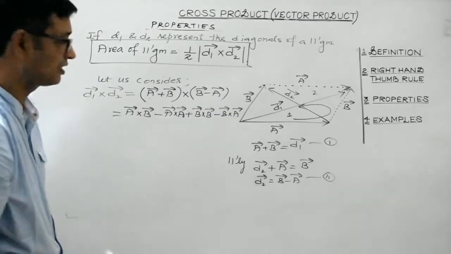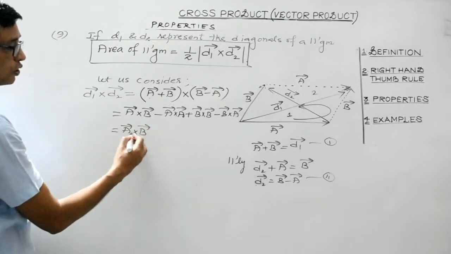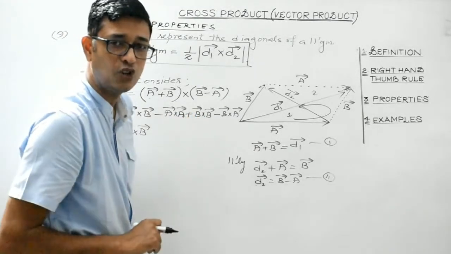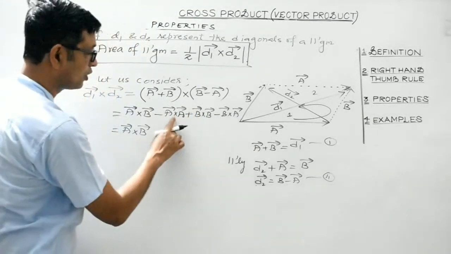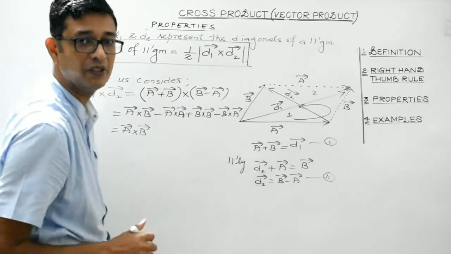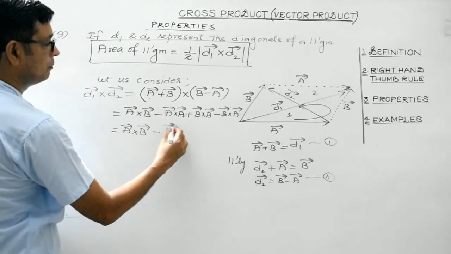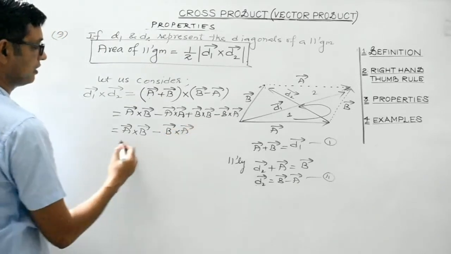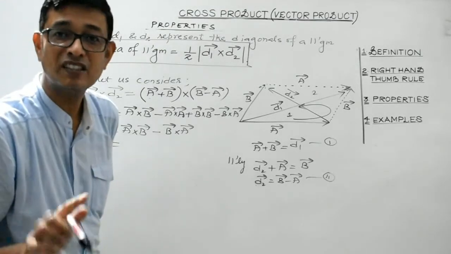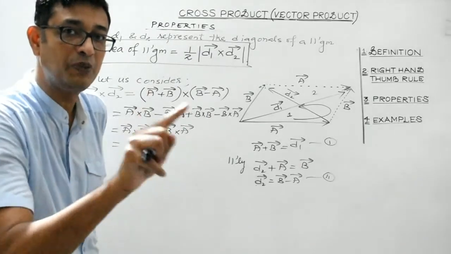Am I clear, students? So it is a cross b, this is cross product, a cross a, b cross b, it will be 0 or null vector. The cross product of a vector with itself is always a null vector, that we have discussed in the previous properties. So this is 0, this is 0. So you are left with minus b vector cross a vector. Now students, as you are aware, vector product is anti-commutative. A cross b is equal to minus b cross a.